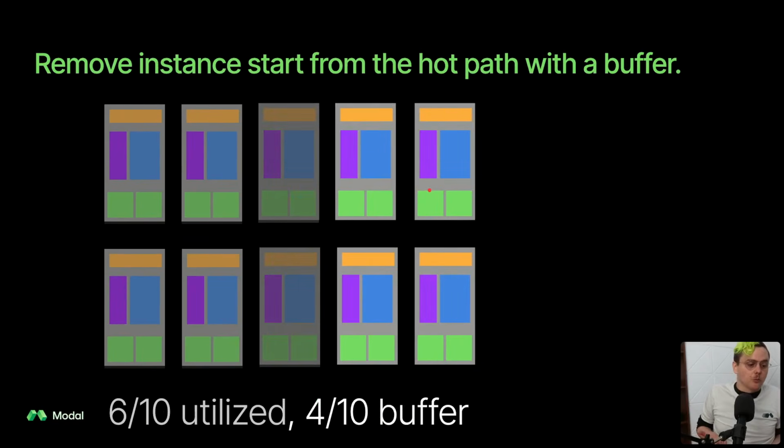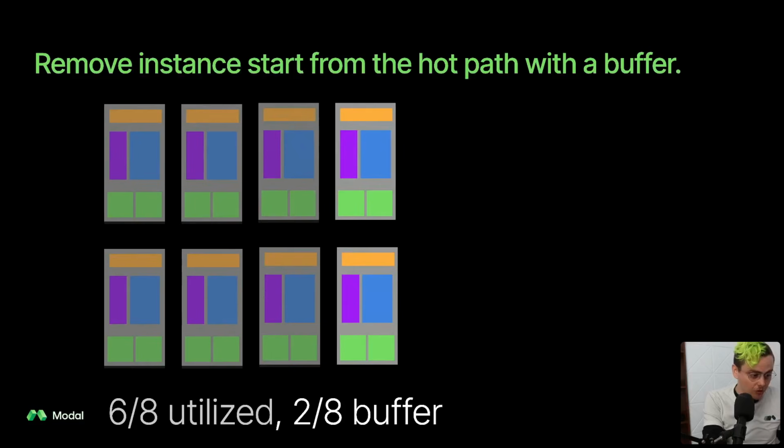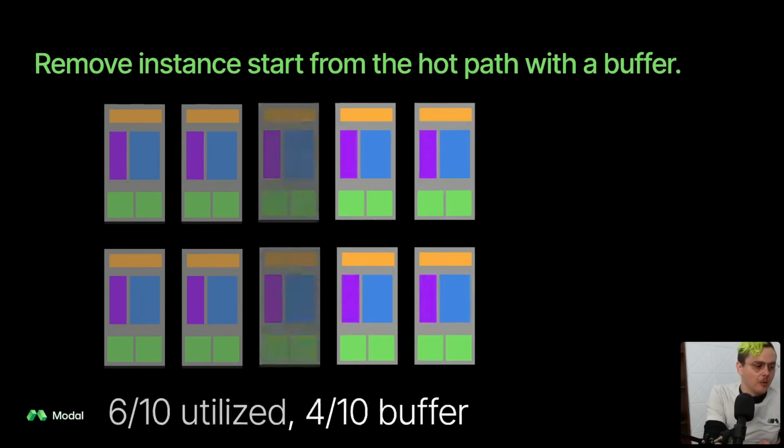So maybe we want to run a buffer of 3 to 4 GPUs. So we start grabbing a hold of 3 or 4 instances. When we have only 2 instances in our buffer, we increase the size of the buffer. And so we can handle these requests always from the perspective of the user. They get super short latency because you're always servicing out of the buffer.